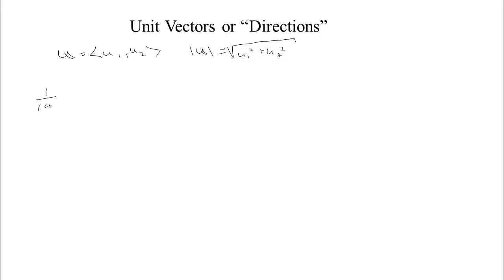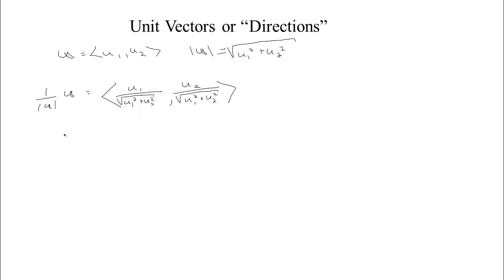If the vector has any length at all, this won't be 0, so you could take 1 over the length, another scalar, and multiply it by u. You get this new vector: u1 over the square root of u1 squared plus u2 squared, and u2 over the square root of u1 squared plus u2 squared.